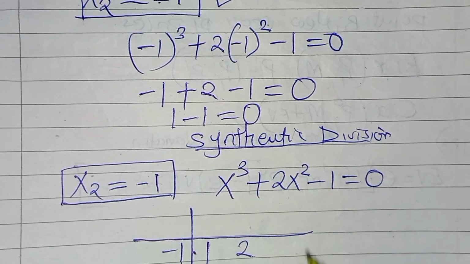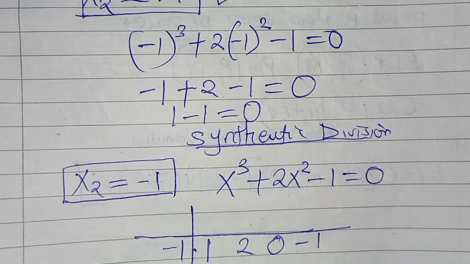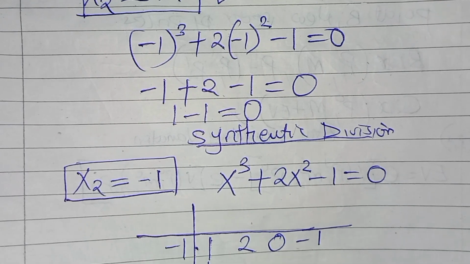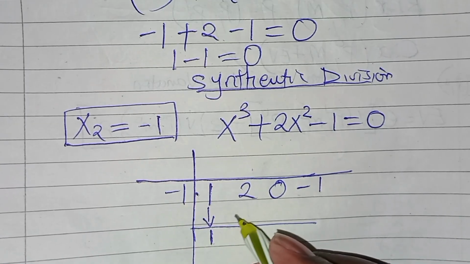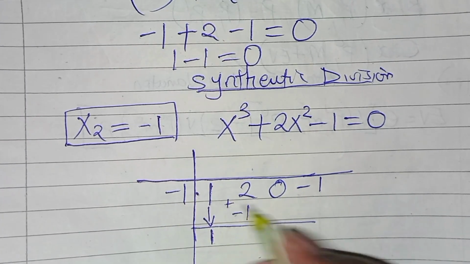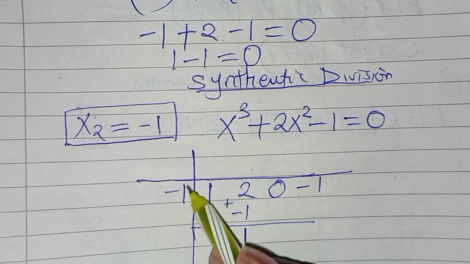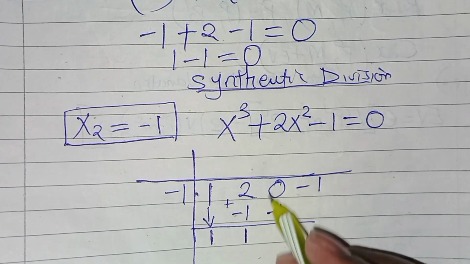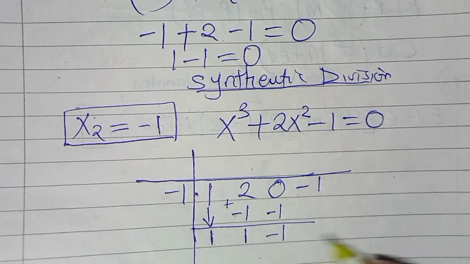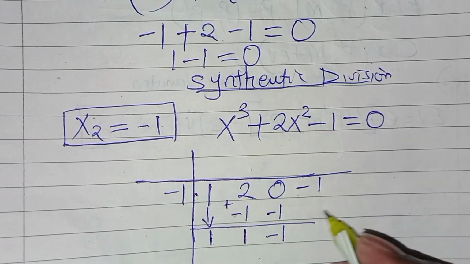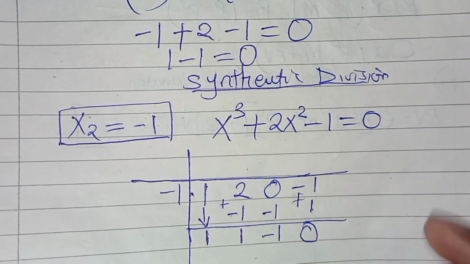We don't have x, so let's plug in 0, and the constant term is negative 1. So let's pull down the 1. We'll have 1 times negative 1, which is negative 1. Let's add: 2 plus negative 1 is 1. Again, 1 times negative 1 is negative 1. Then 0 plus negative 1 is negative 1. Then negative 1 times negative 1 is 1. So negative 1 plus 1 is equal to 0.